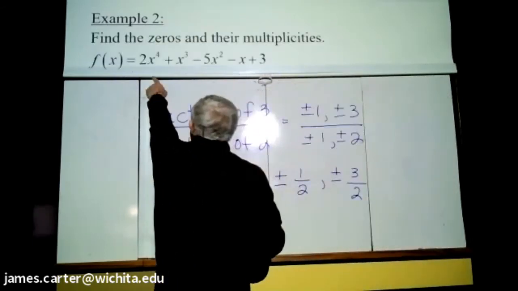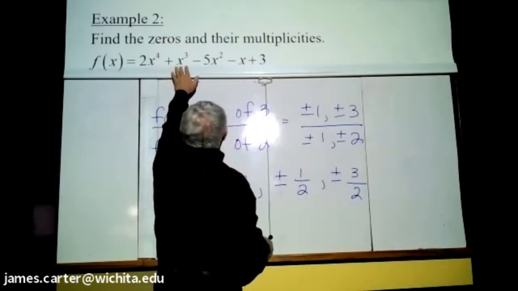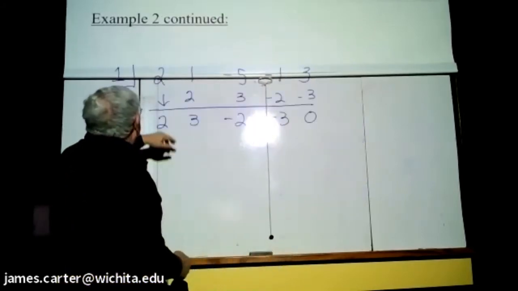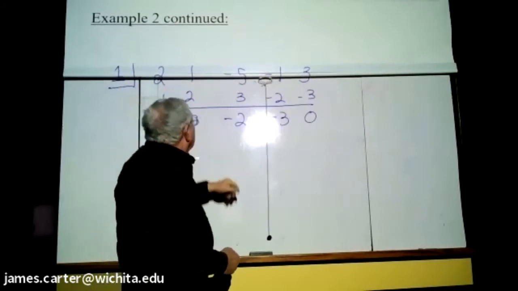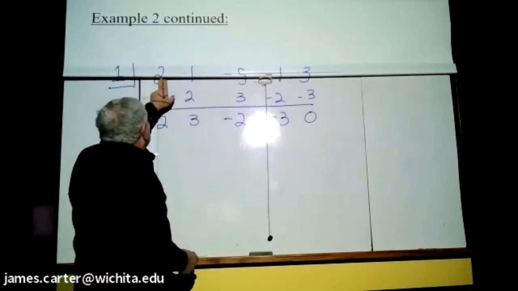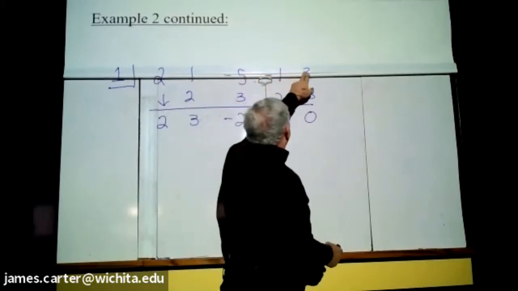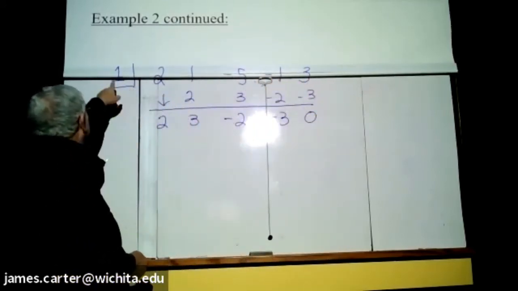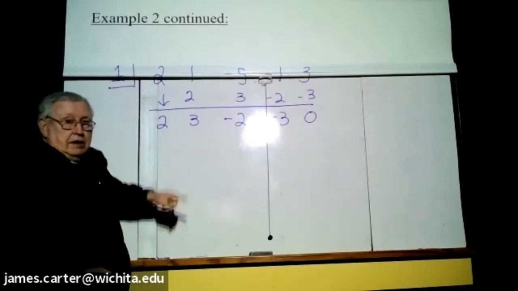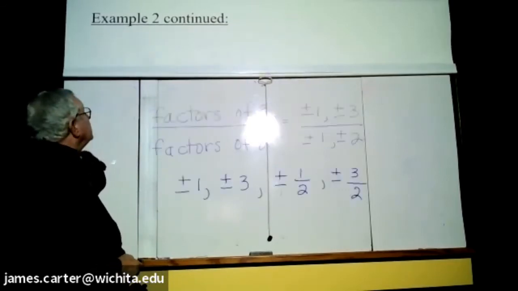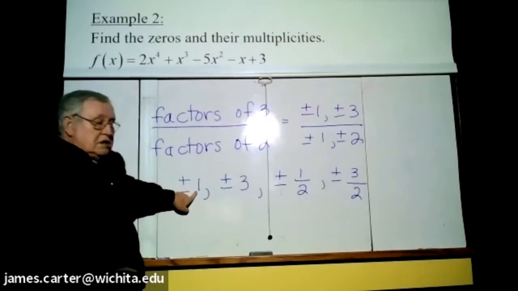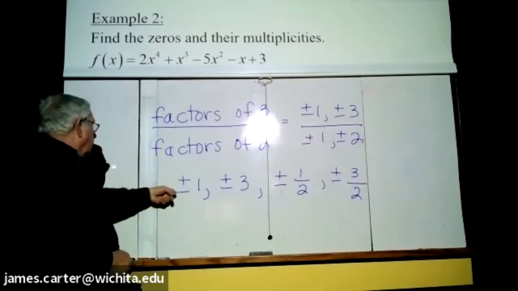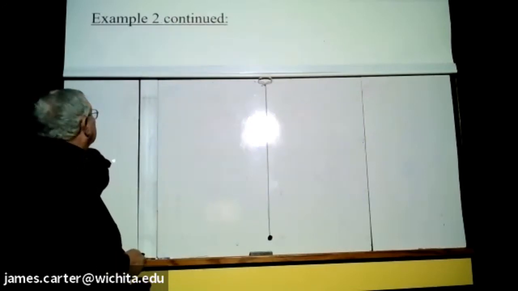Here is the original equation. We had a 2, 1, -5, -1, 0. So that's what this is here. Okay, 2, 1, -5, -1, and 3. Okay, now we're going to try +1 because +1 was one of our possibilities. So we're going to try that fairly easy one. We could have tried -1 just as easily.